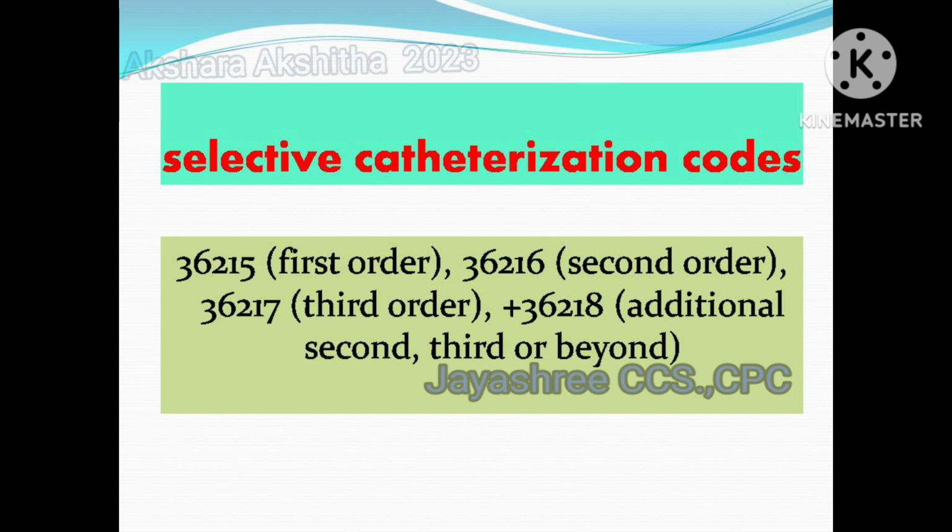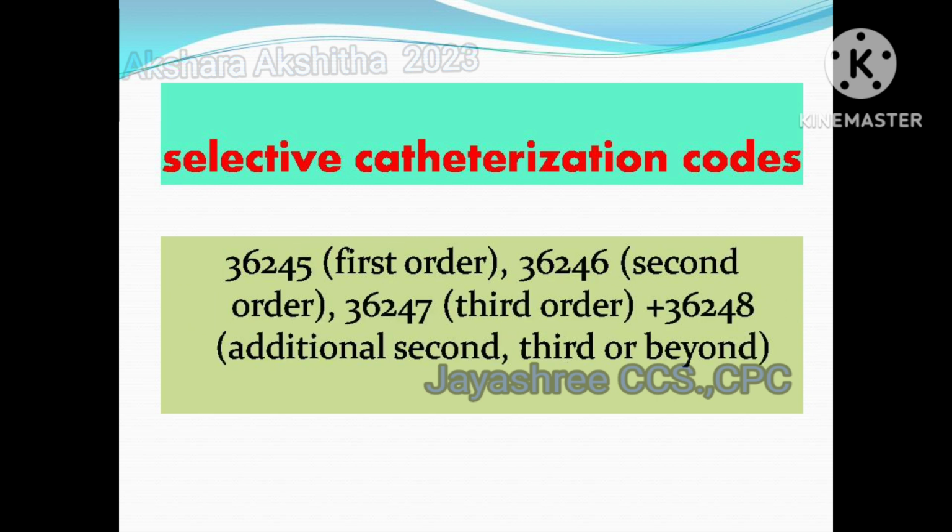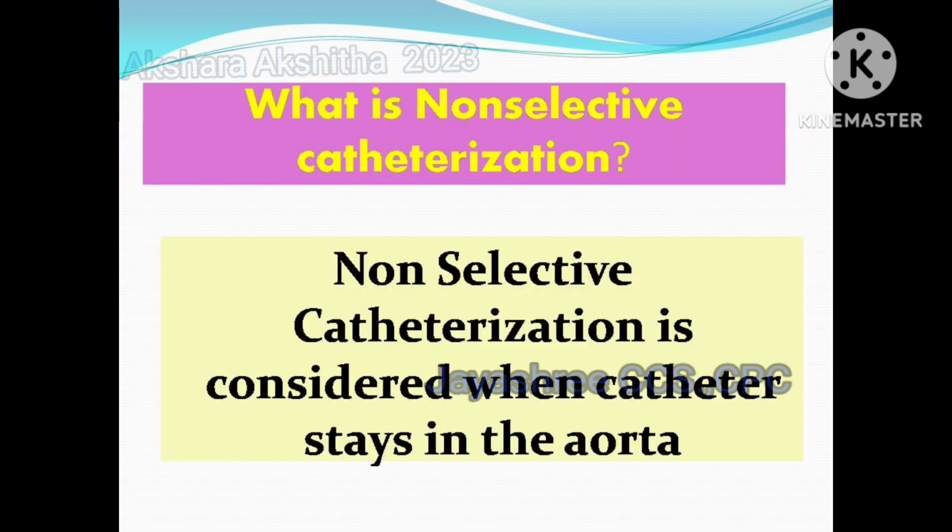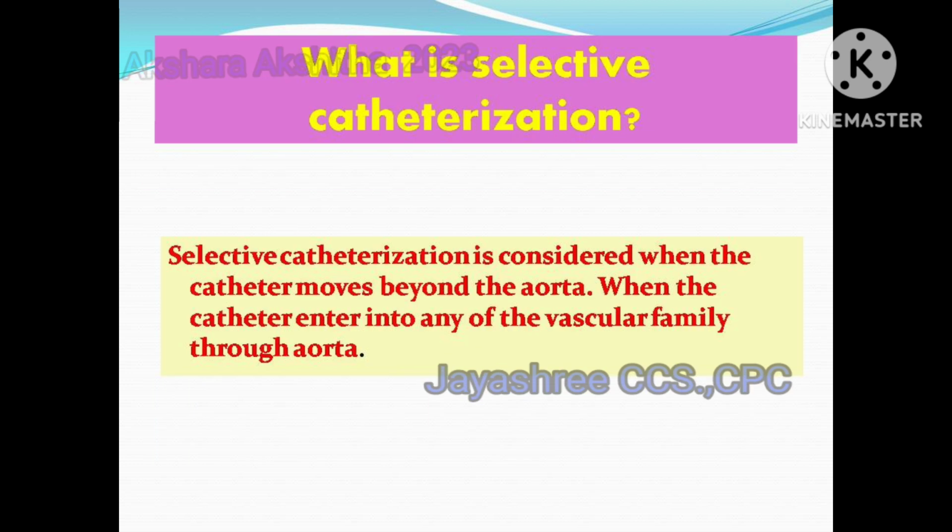Then the arteries or veins performed below the diaphragm are considered as 36245, 46, 47 and 48. So the first point, you should know what the catheterization is, either selective catheterization or non-selective catheterization.